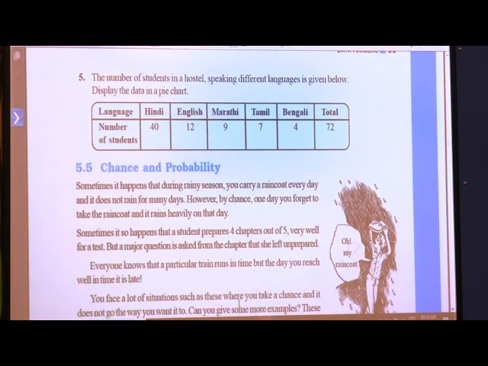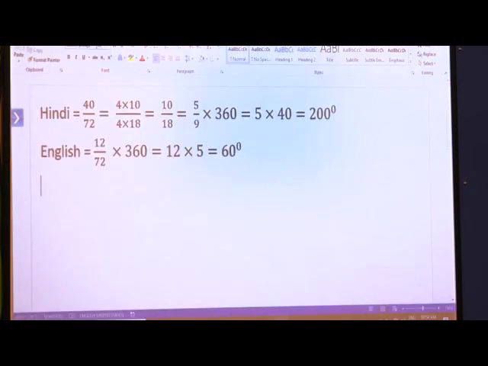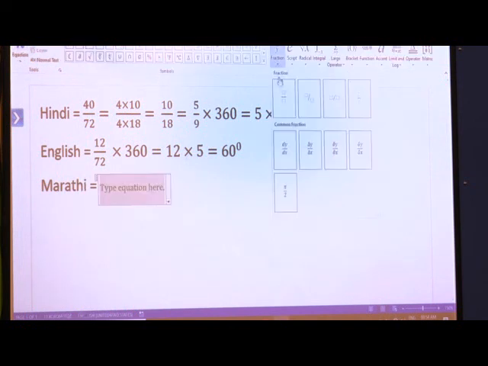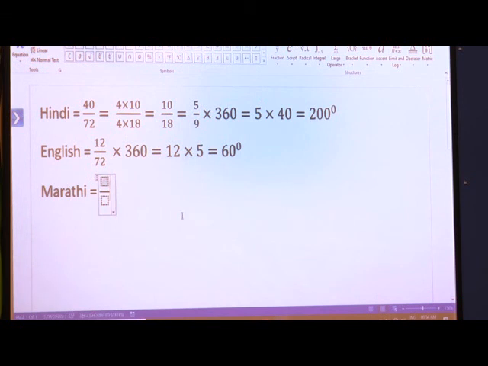What for Marathi? For Marathi it is 9 upon 72 multiplied by 360.